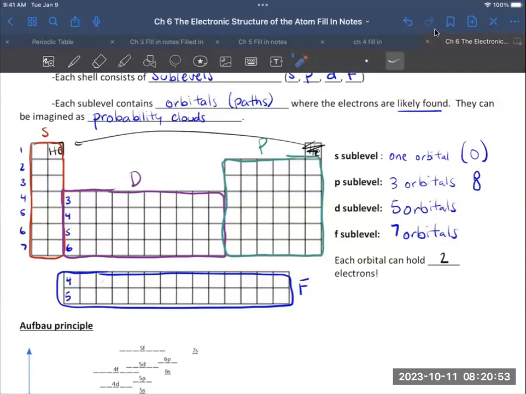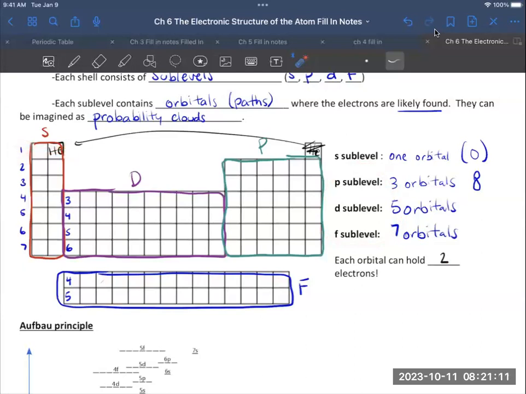The reason the shells are shifted, I want you to notice that as we add shells of electrons, we get more sublevels available to us. Take a look. In the first shell, the only thing we have is an S sublevel.